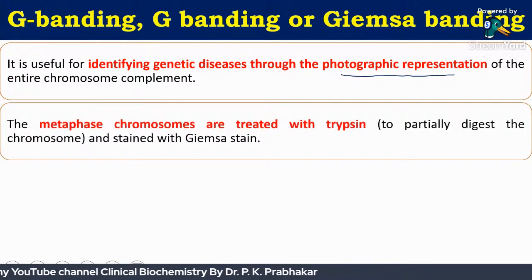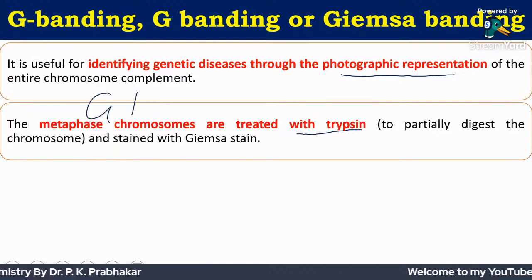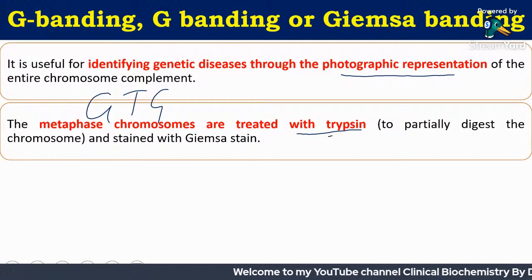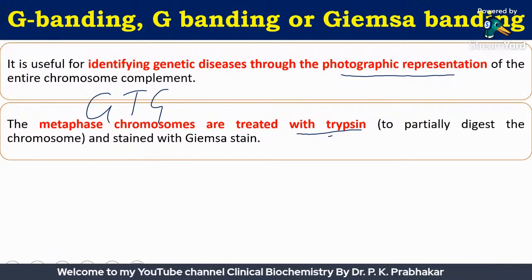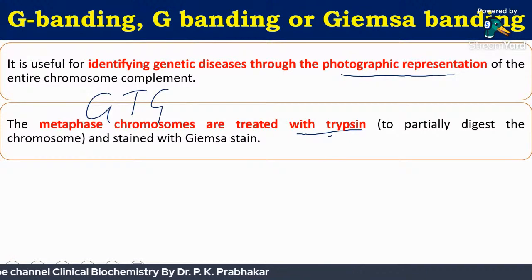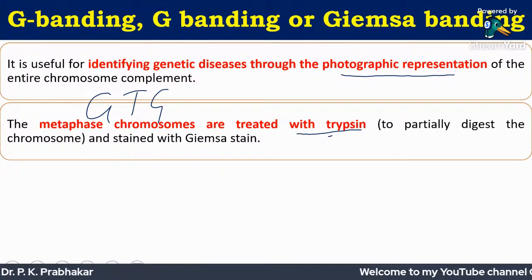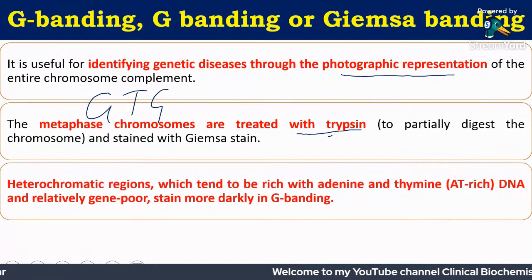Here metaphase chromosomes are treated with trypsin, so that's why GTG banding. Trypsin is a proteolytic enzyme, so it digests the proteins, and chromosomes will be a little more relaxed so that they will take the stains. Otherwise, chromosomes will be associated with proteins, so they will not take much dye.